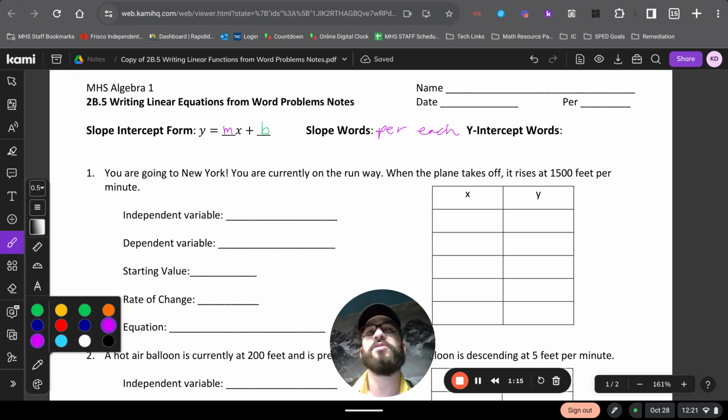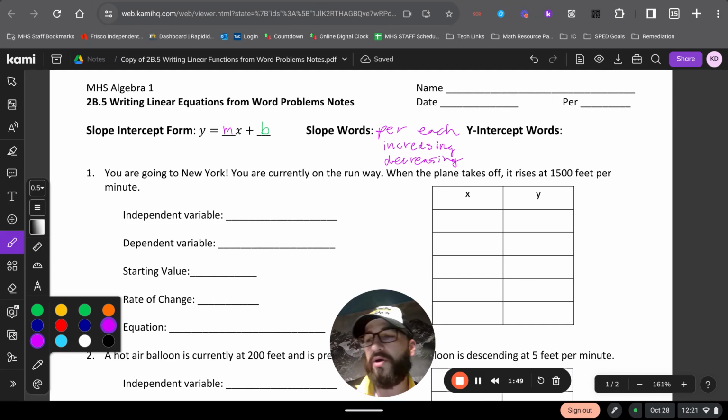And then sometimes you might have a word that means a positive or negative slope, like some version of increasing, and then, of course, likewise, decreasing could mean a negative slope. So per and each are pretty big giveaways for slope, and then increasing, decreasing could give us a value for slope. Now, slope usually represents some kind of change, compares two values together, something per something, something each something.